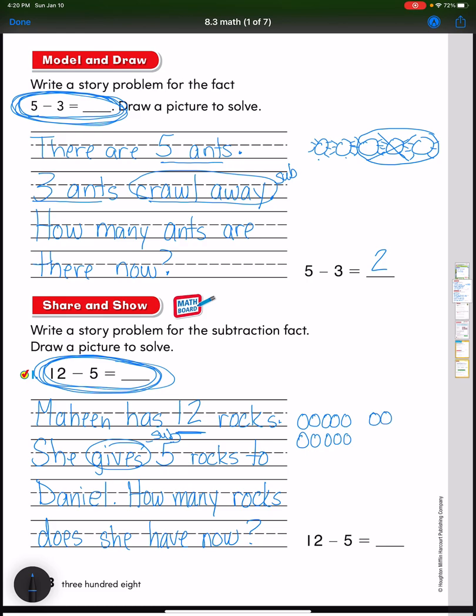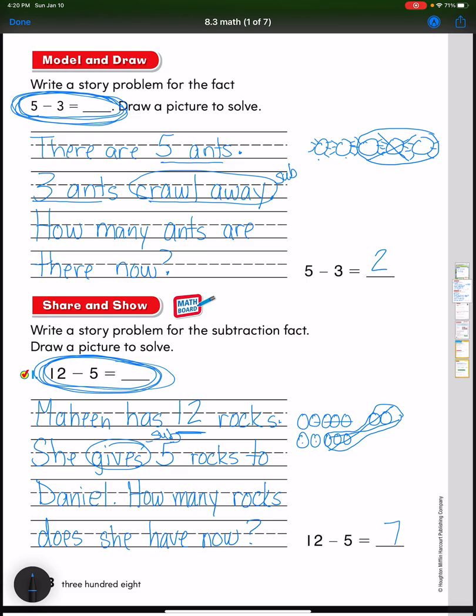She's gonna give 5 of them to Daniel. So here's my 5 she gives to Daniel. They're out of here. They're subtracted. How many are left? How many rocks does she have now? So that's 5, 6, 7.